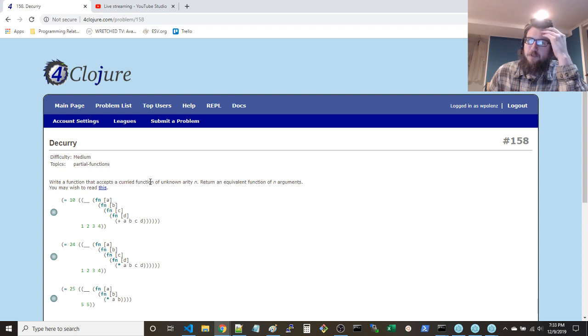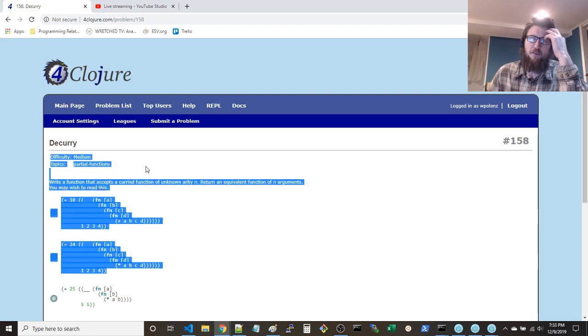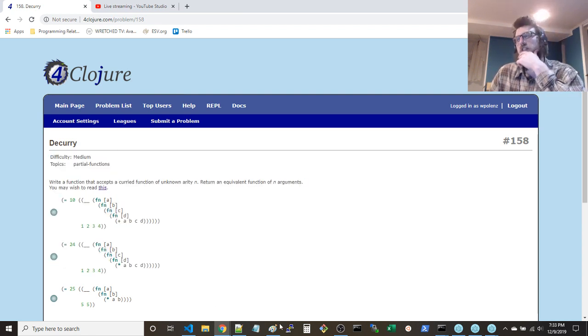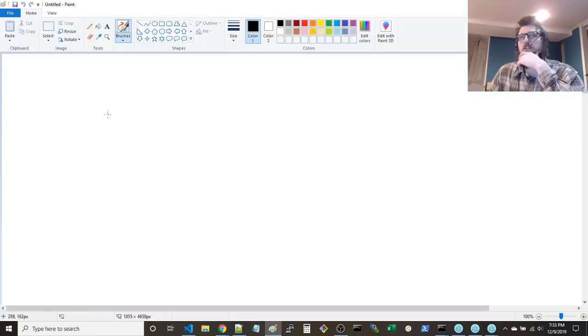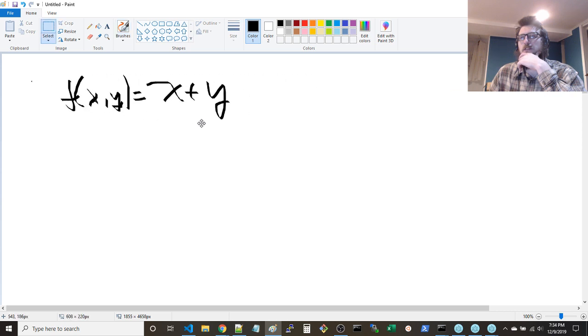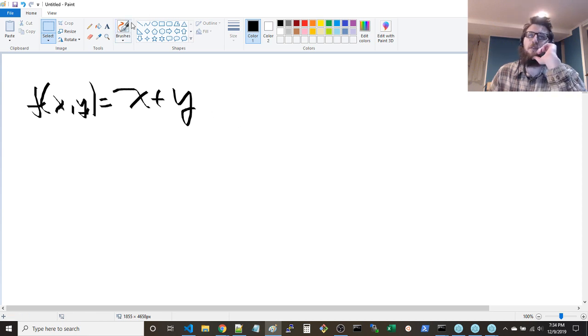Write a function that accepts a curried function of unknown arity n. Return an equivalent function of n arguments. You may wish to read this. This probably explains currying. So those of you who are wondering what the heck is currying, the idea is, let's say you have some function f of x, y that's x plus y, a two-variable function.